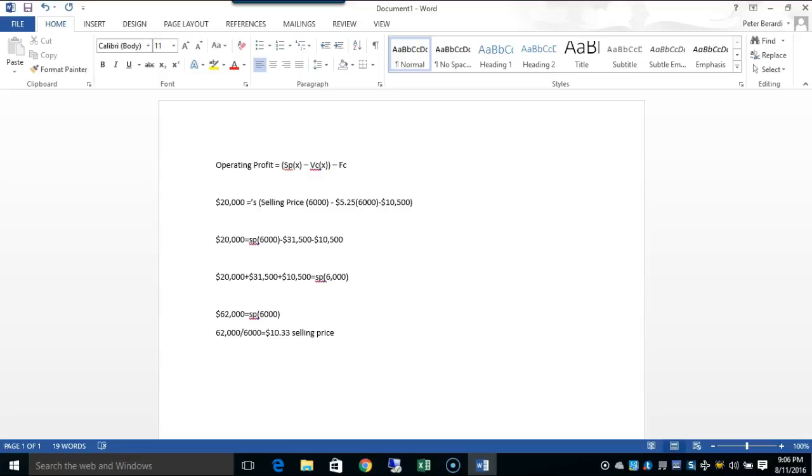So under your new scenario, the selling price equals $10.33. Variable cost equals $5.25. Contribution margin then equals the difference of $5.08.